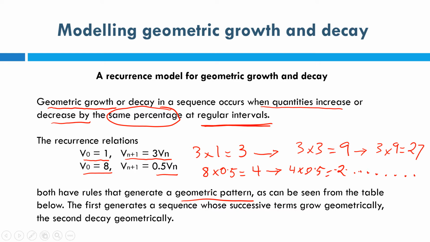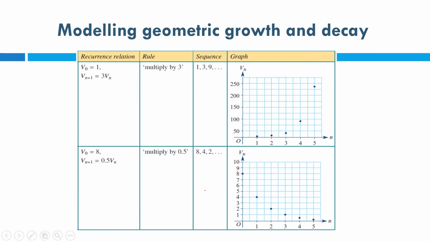And if you have a look at the table below, it shows us what that looks like graphically. So in that particular case, we started here, and in that case, we had when x was 1, our y value was equal to 3.